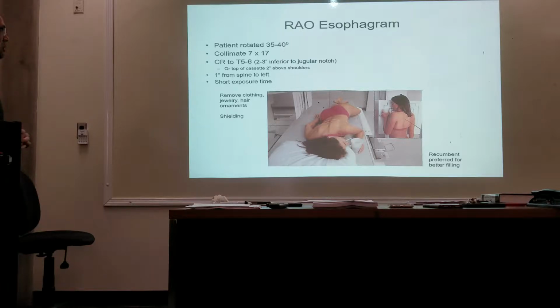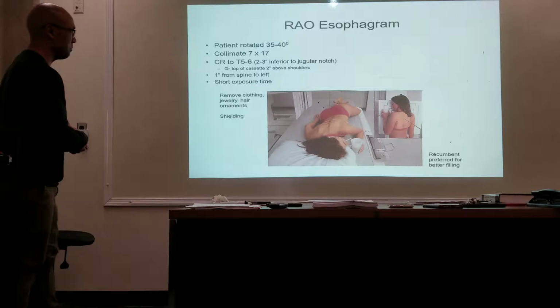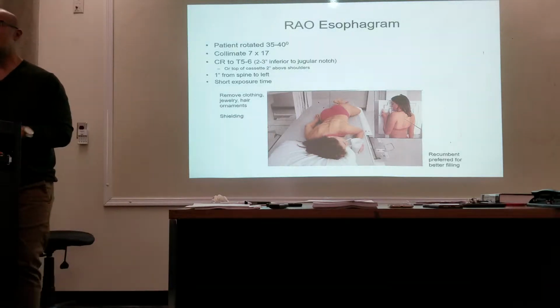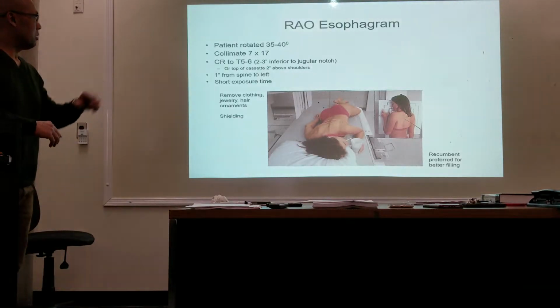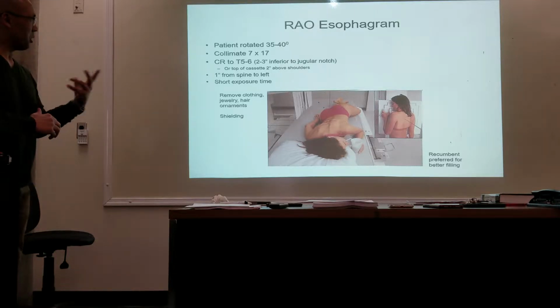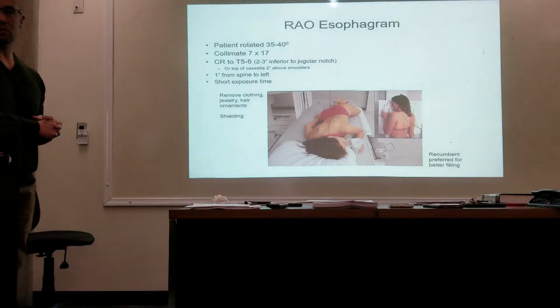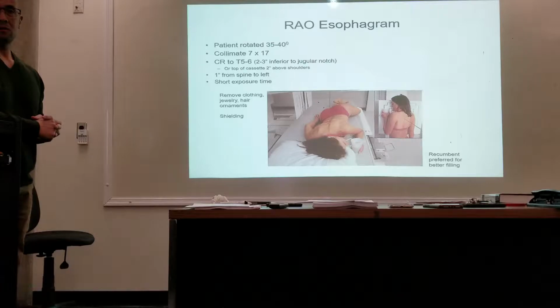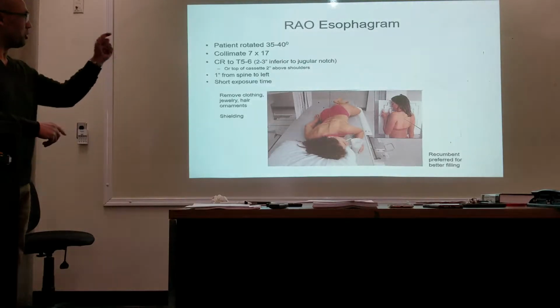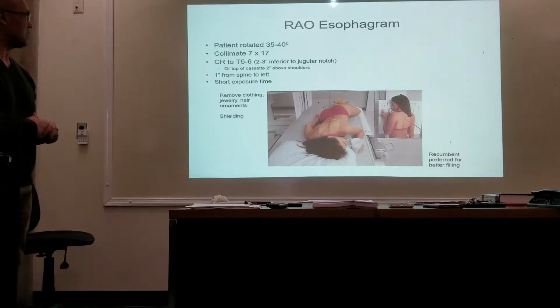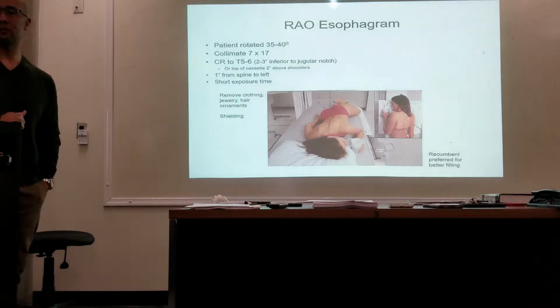Center ray is going to be directed at the level of T5, T6, which is 2 to 3 inches below the jugular notch. Or you put the top of your image receptor or your light field 2 inches above the shoulders. Okay? So you can do either way. You can center at T5, T6, or put the top of the cassette 2 inches above the shoulders and then line up your tube to your image receptor.